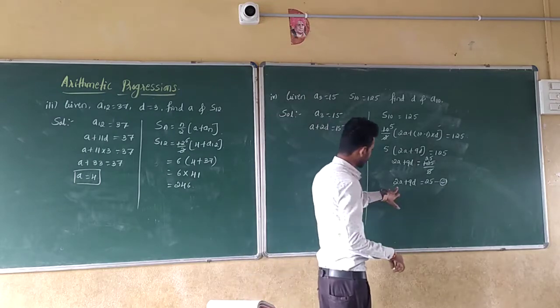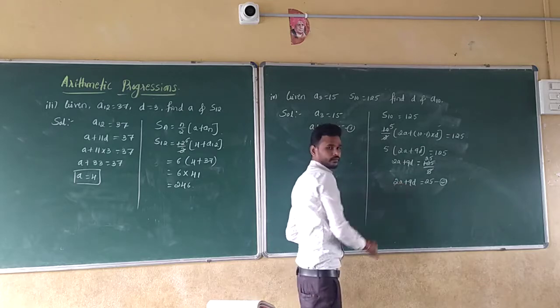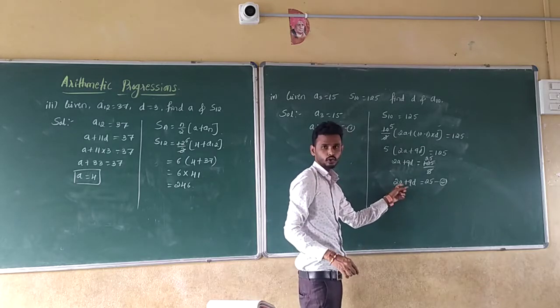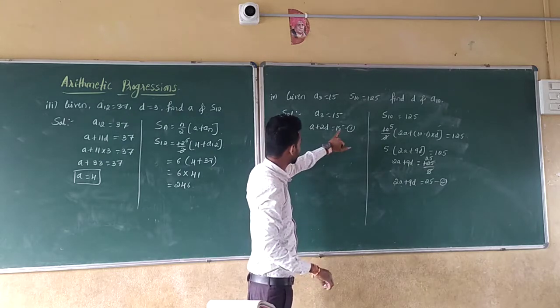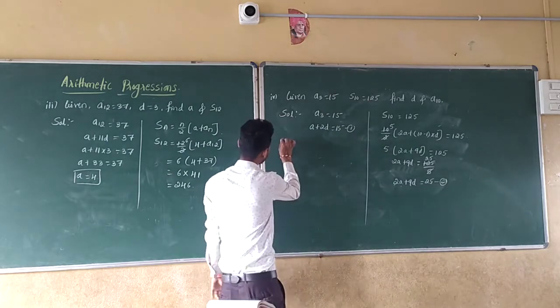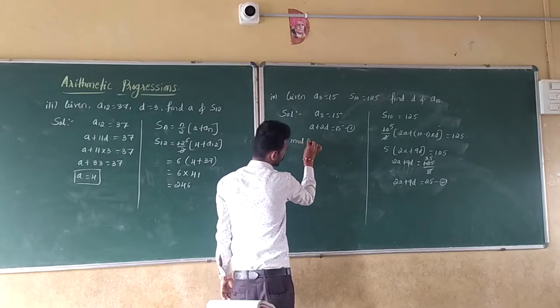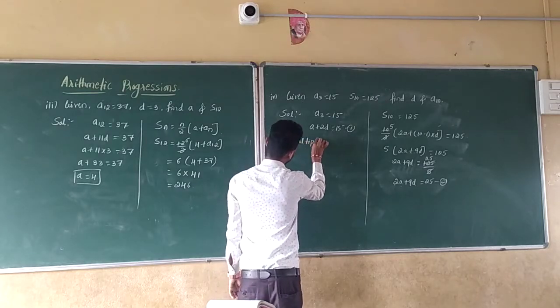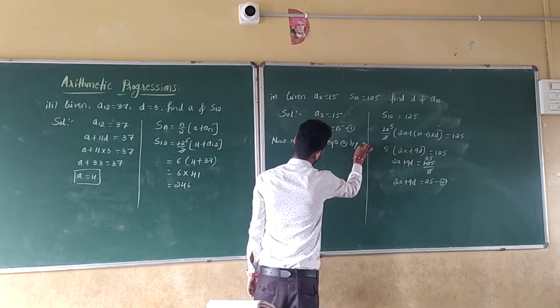Let us take here, I will use the elimination method. I want to eliminate a. So what is the coefficient of a? Here 2 is there, but in equation 1, 1 is there. So multiply equation 1 by 2.